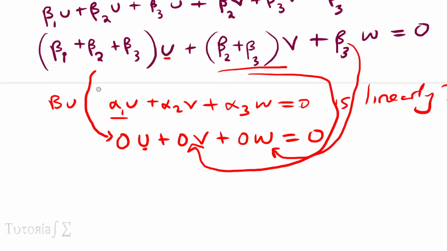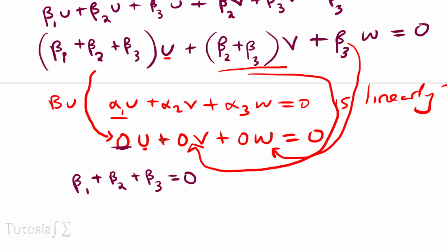After we equate that, we're going to have beta 1 plus beta 2 plus beta 3 equal to 0, since these are linearly independent, so equal to 0.